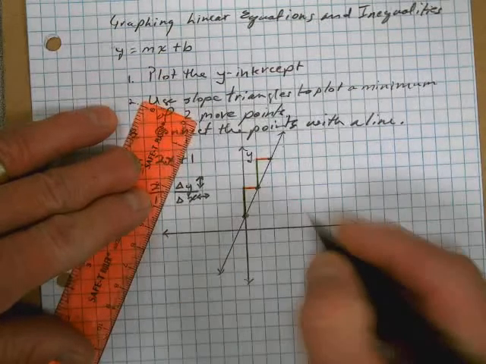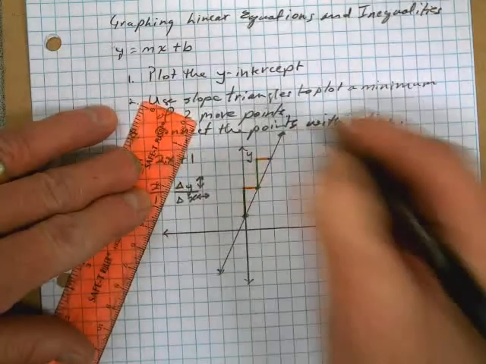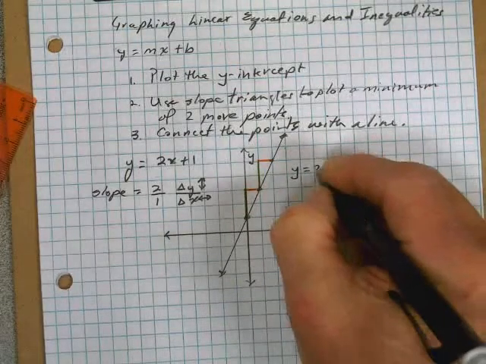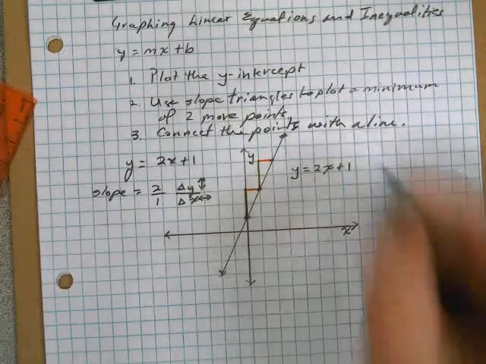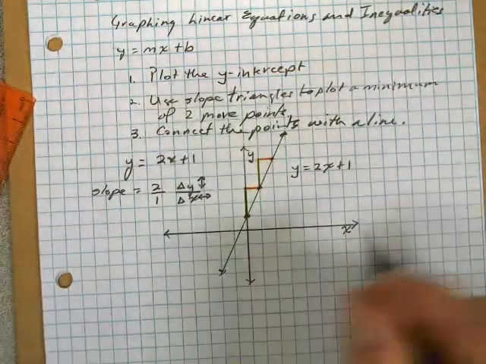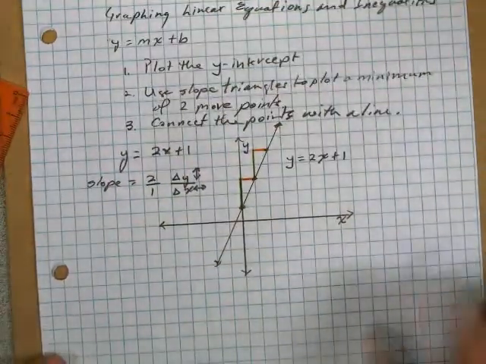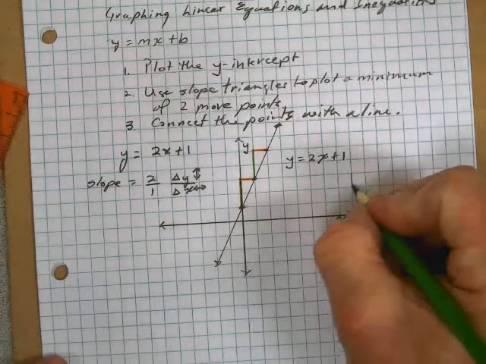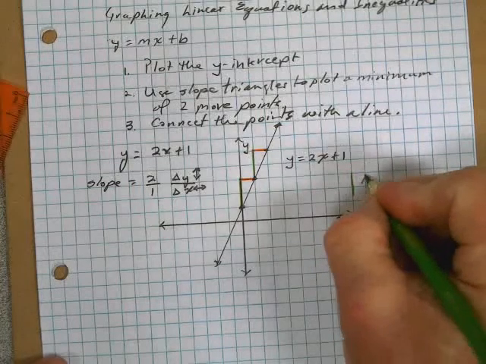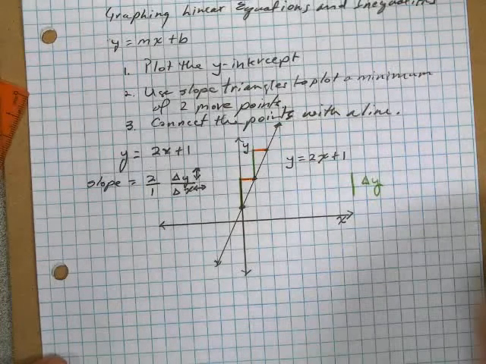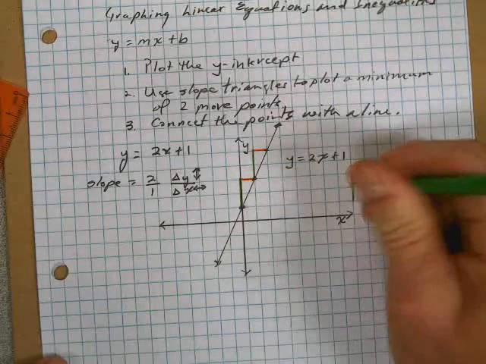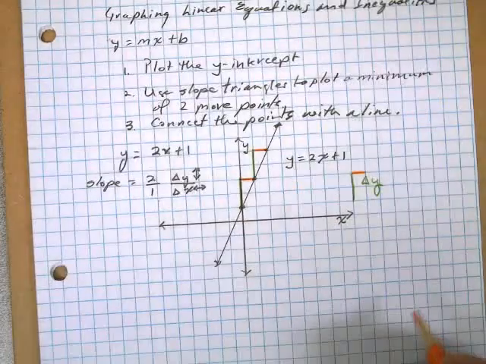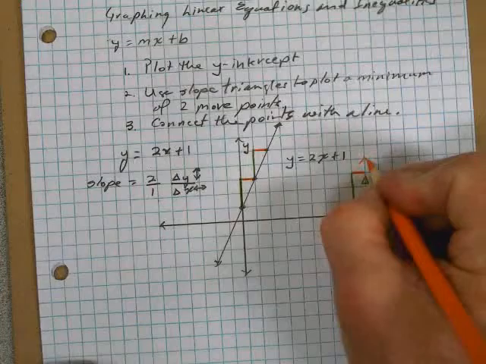And this graph represents the graph of the equation y equals 2x plus 1. Notice that the green vertical line is delta y, and the horizontal line segment is delta x.